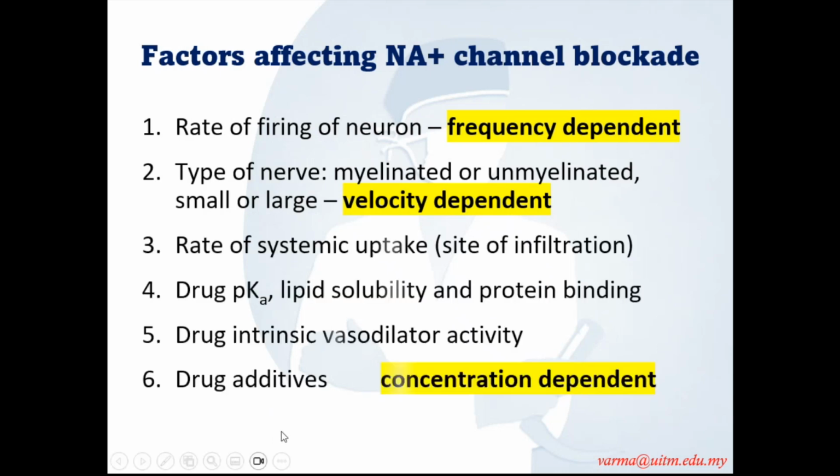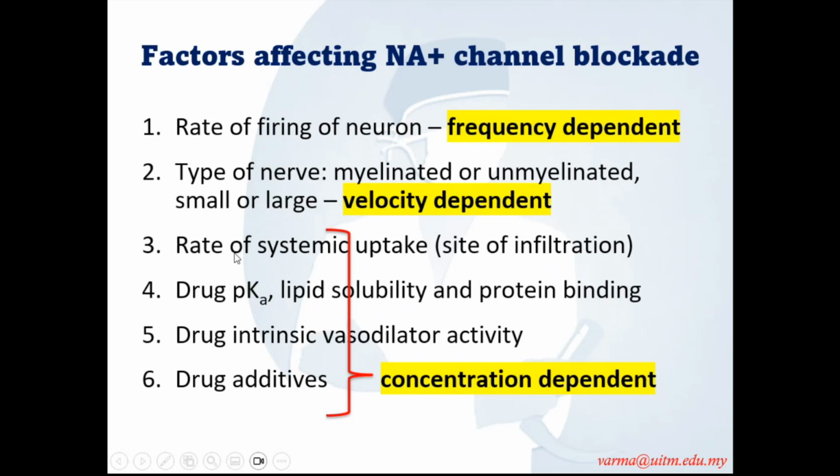Next would be concentration dependent, which is based on all these things. Of course it affects your LA action. If you give a larger amount or a large concentration is present nearby the nerve, of course the blockade will be faster or more profound. So what are the things that affect the concentration of an LA given at the same dose?